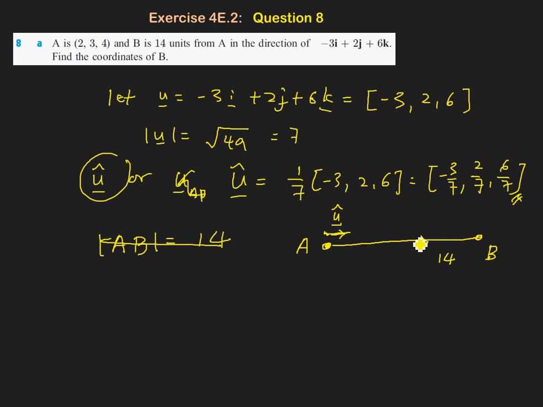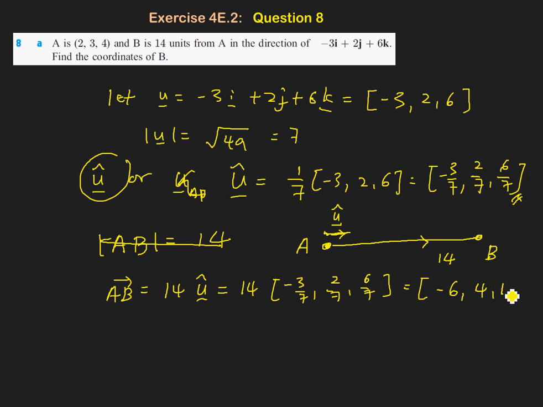So AB is actually 14 times u cap, isn't it? So 14 times this here, and you would end up with negative 6, 4, and 12.